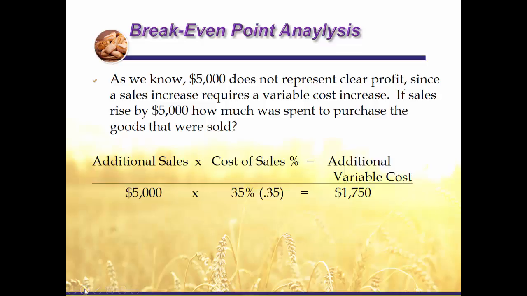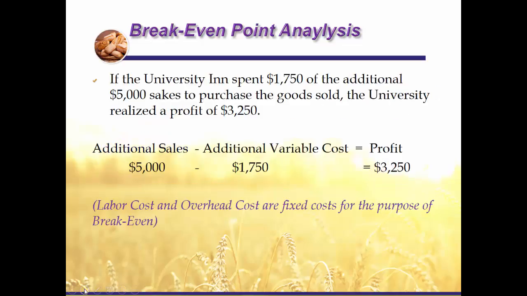So we take the 5,000 times 0.35, and that gives us our variable cost of $1,750. If the University Inn spent $1,750 of the additional $5,000 to purchase the goods sold, the university realized a profit of $3,250. Labor costs and overhead costs are fixed costs for the purpose of break-even.